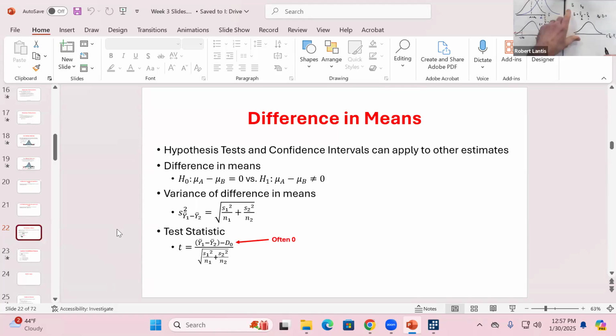If they were exactly the same, this difference would be 0. So I'm going to start out assuming, and this is what we're going to do with linear regression, everything pretty much for the rest of the semester, that there is no difference. We start out stacking the deck against ourselves, assuming that the mean difference is exactly equal to 0.